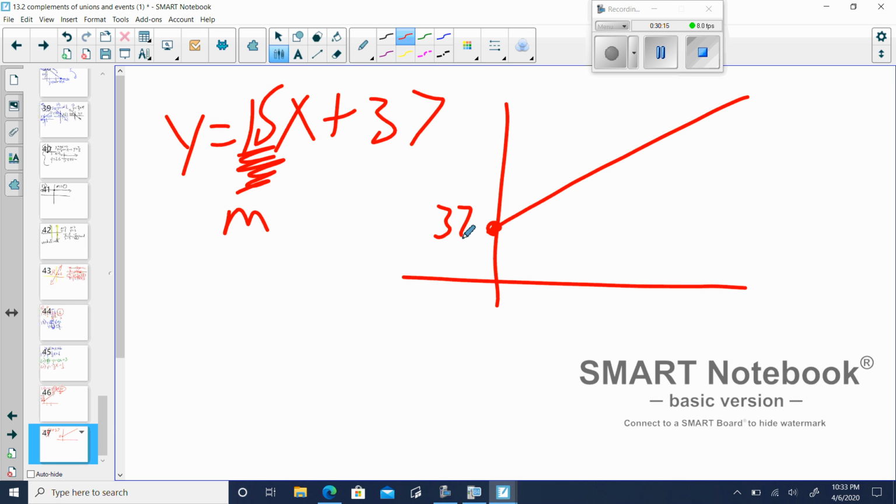All right, so 37. And then we graph it up to 80.